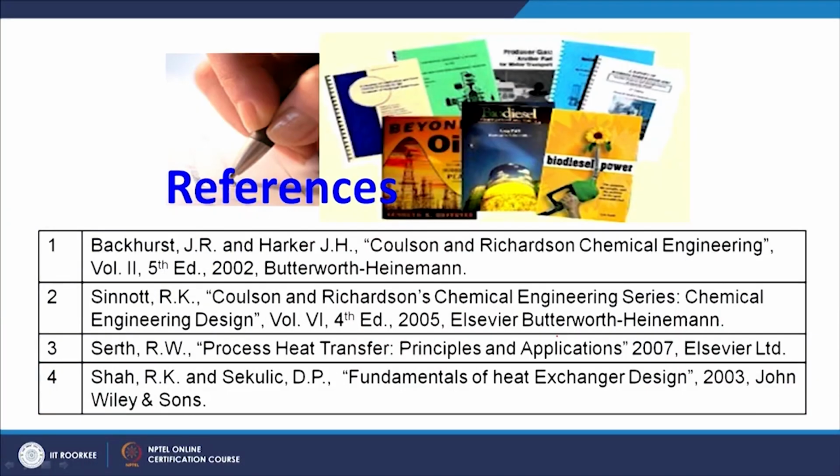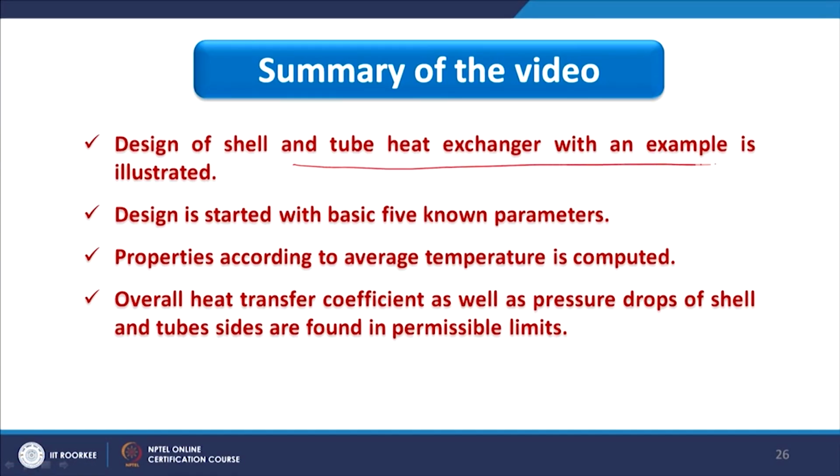Okay. So here we are having some references. You can go through the problems given in these books for design of shell and tube heat exchanger using Kern's method. And now I am having the summary of this video, and here design of shell and tube heat exchanger is illustrated with the help of one example. Design we have started with basic 5 known parameters that I have already discussed.